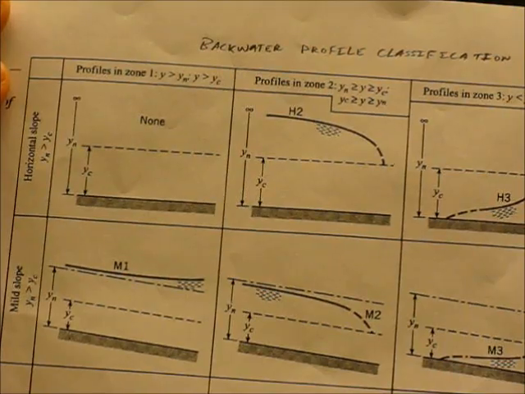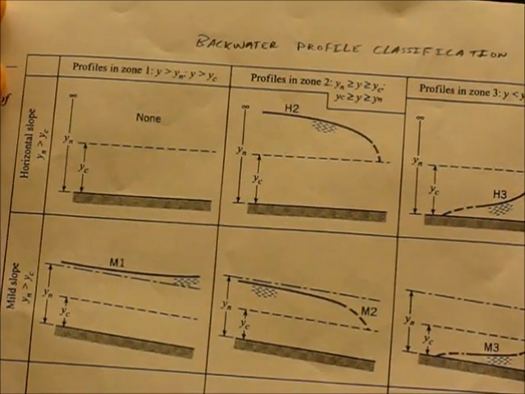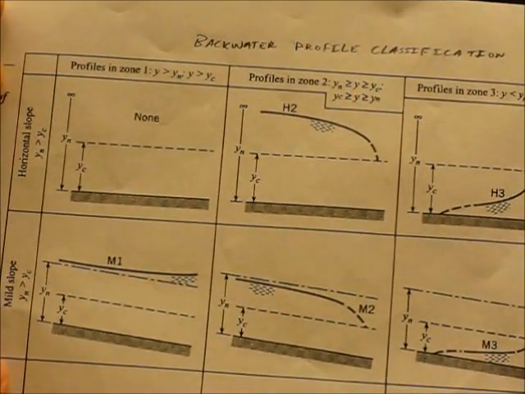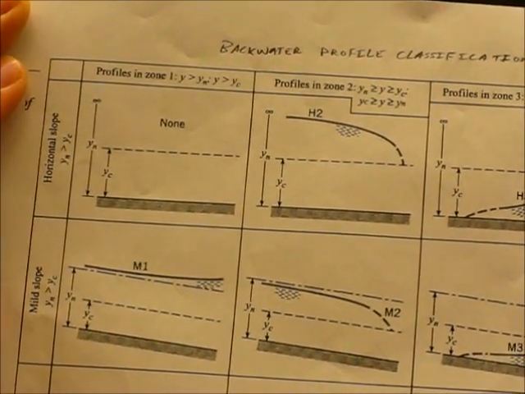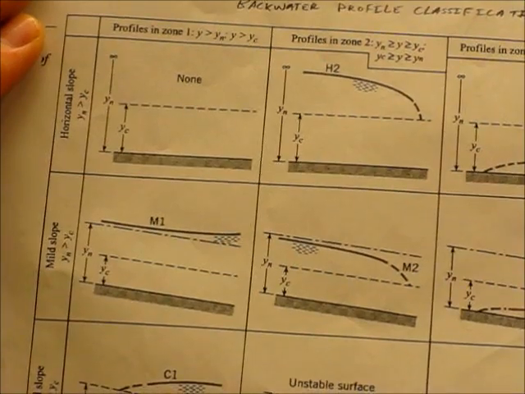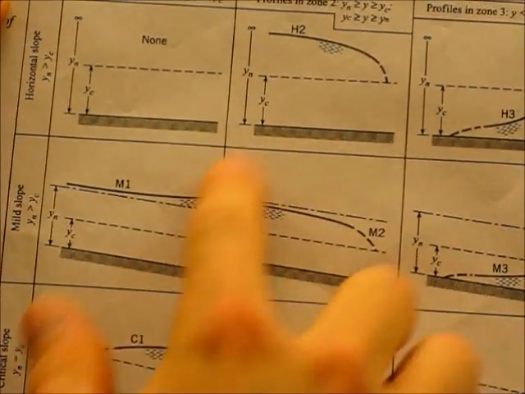So here is our backwater profile classification chart, and this is what we use to classify the backwater profile as mild or steep, and also within the mild category, which we determine in Part 3B, as M2, which we determine in Part 3C.